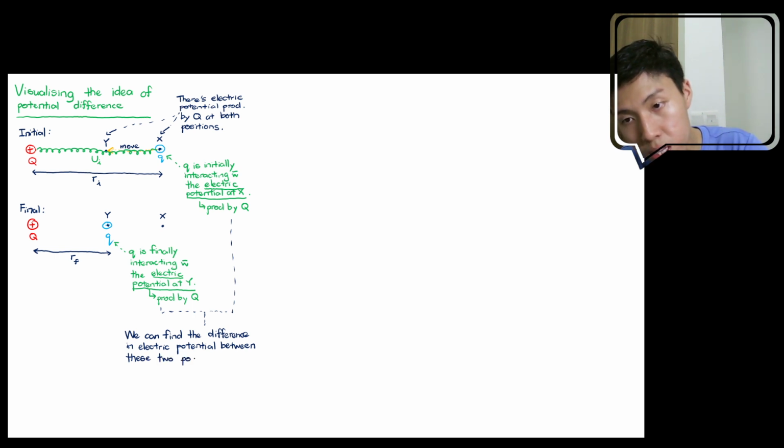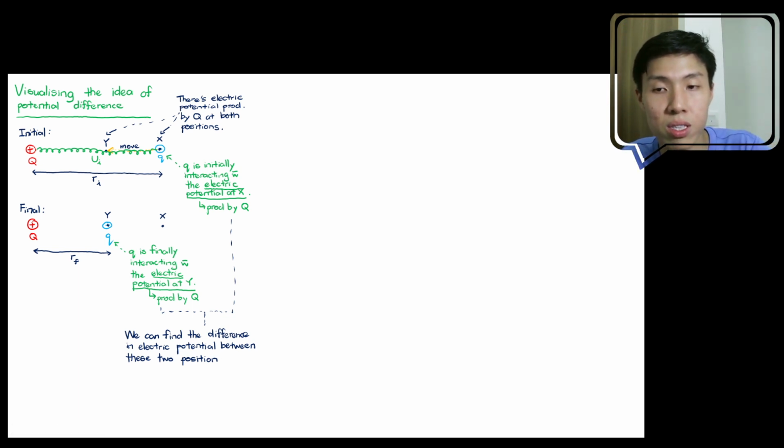Because we know that both of these positions have electric potential, but the electric potential of these two positions are different. So you can find the difference between these two positions' electric potential.